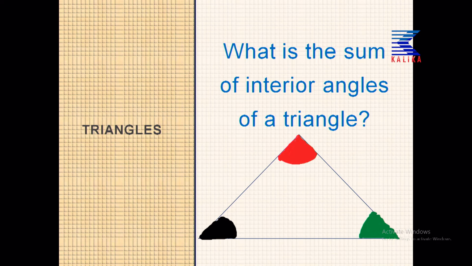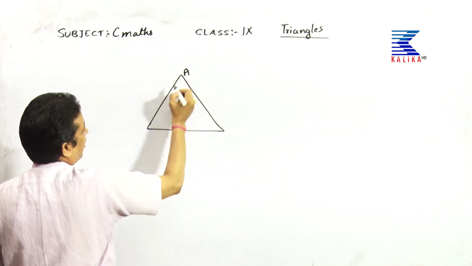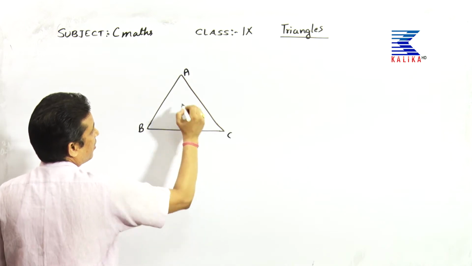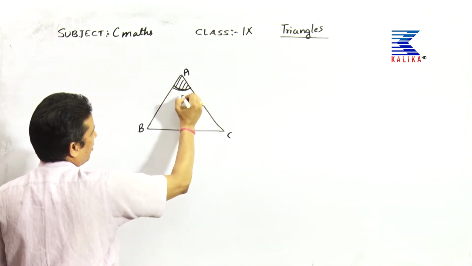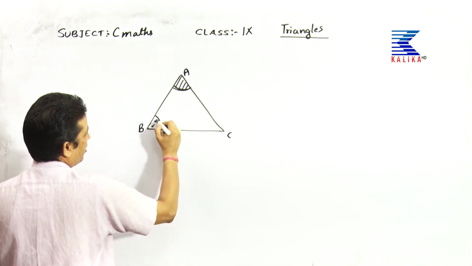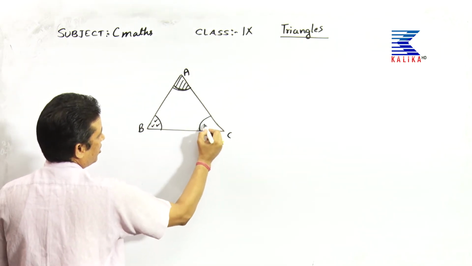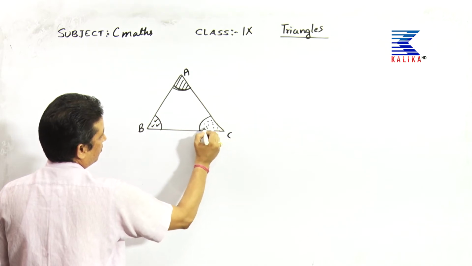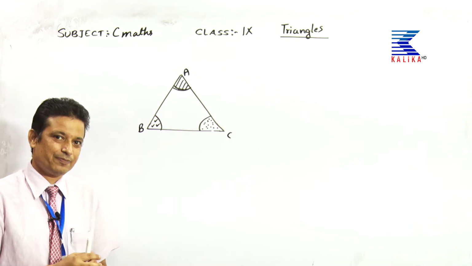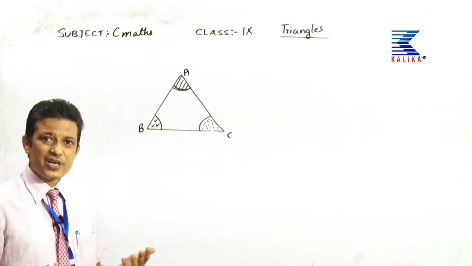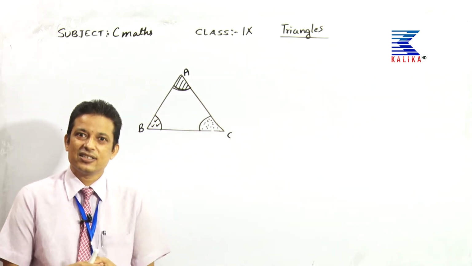Now, may I draw your attention to the board, please. A, B, C, as you saw, 3 angles are here, this is angle A, this is angle B, and this is angle C. Look, 3 angles are here, and obviously a triangle has 3 line segments.